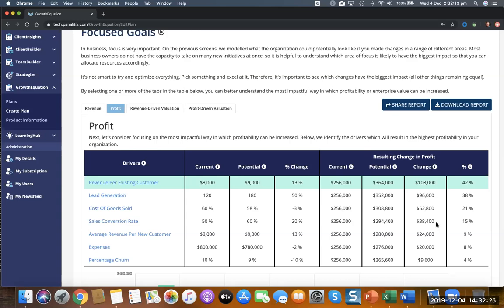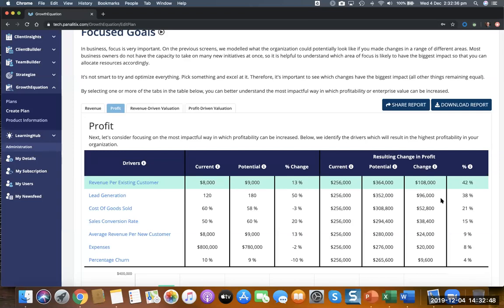And perhaps if the client were to do just 3 things, they'd focus on revenue per existing customer, which alone would add 108,000 to the bottom line, and lead generation, which alone would add 96,000 to the bottom line. And cost of goods sold, that 2% is worth $53,000 in profits to the business.